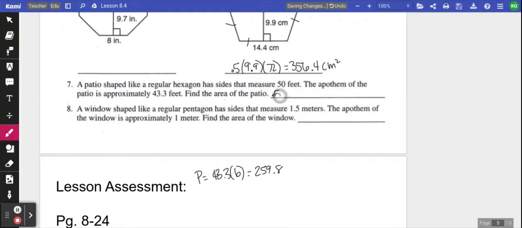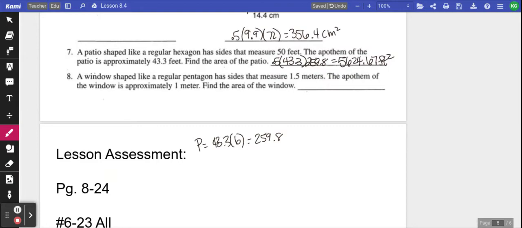So I'm going to do half of the apothem, which is 43.3, times the perimeter, which is 259.8. That gives me 5,624.67 feet squared.